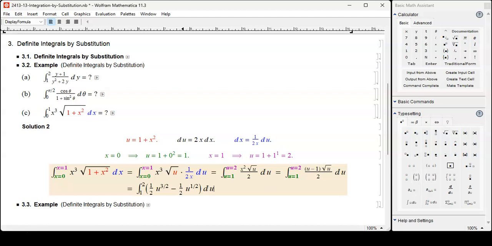So if you use the power form, you can rewrite like this. And therefore, you're going to get the antiderivative computation like this. Add 1 to the power, and then divide. Add 1 to the power, and then divide. And that's going from 1 to 2.